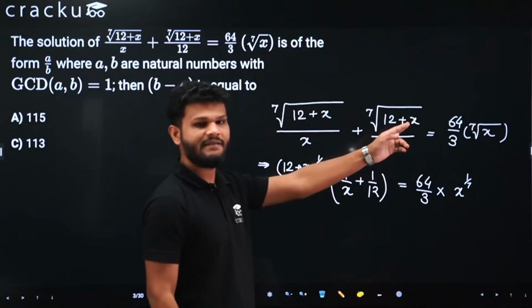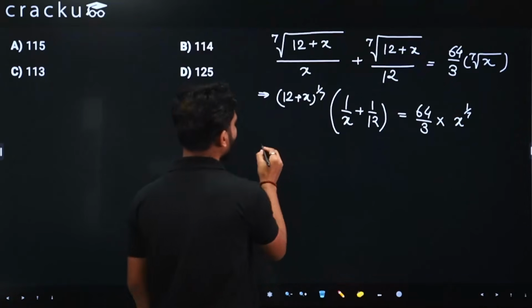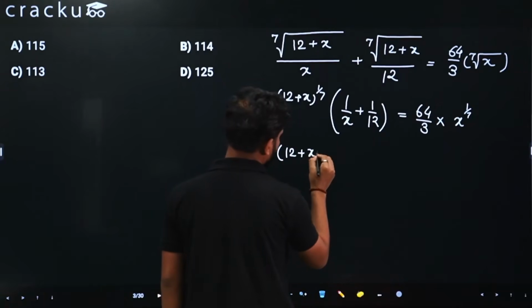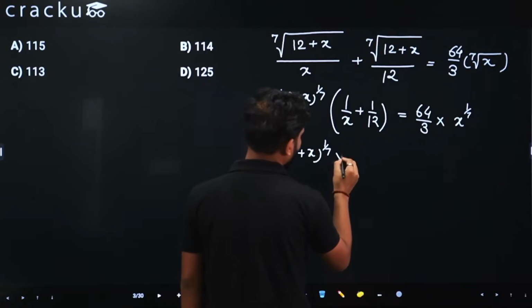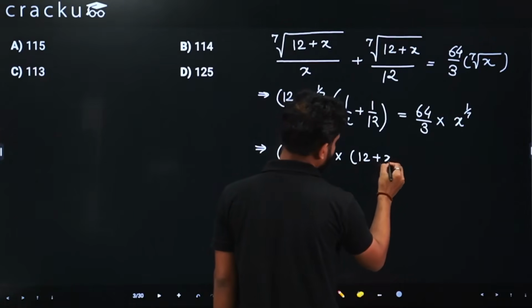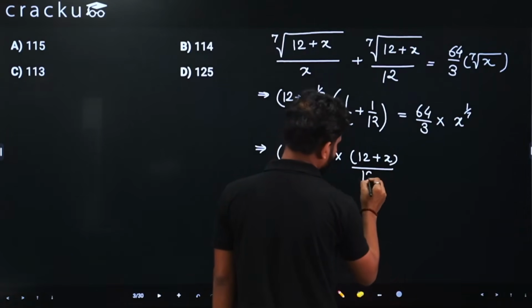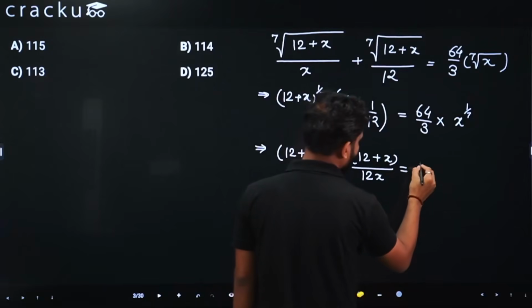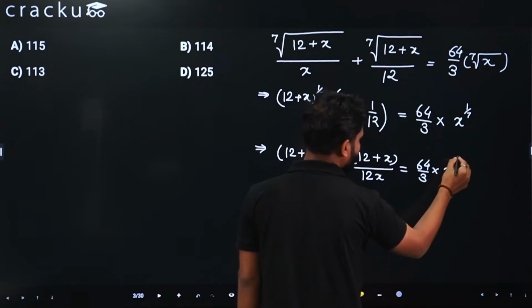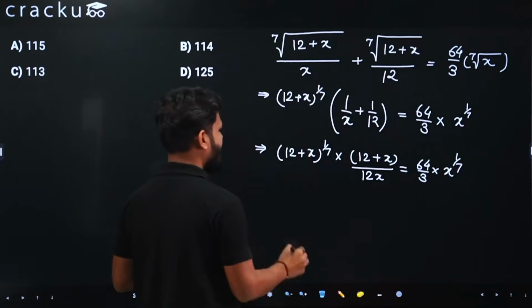I have written 7th root as 1 by 7. From here what I can say? I can say 12 plus x raised to 1 by 7 into, what will this be? This will be 12 plus x upon 12x is equal to 64 by 3 into x raised to 1 by 7, right?